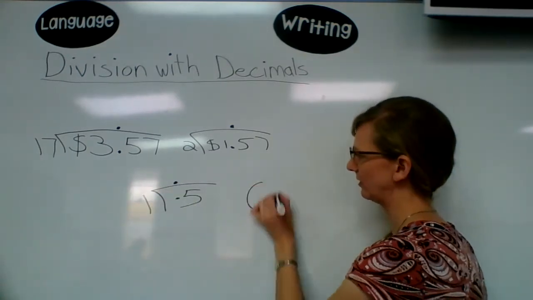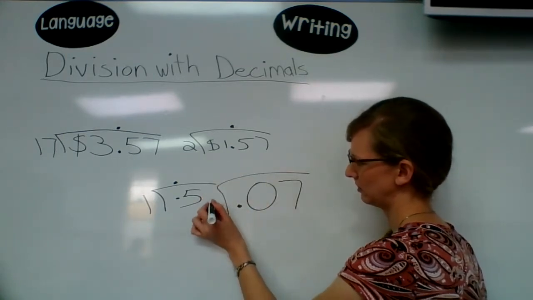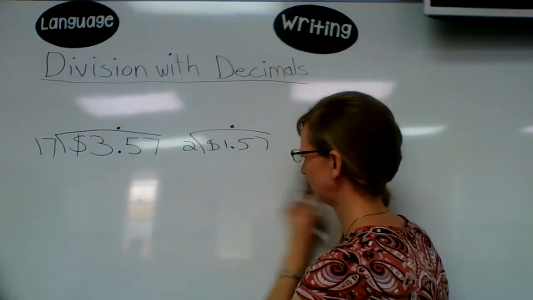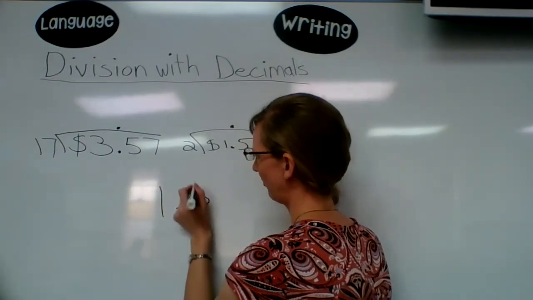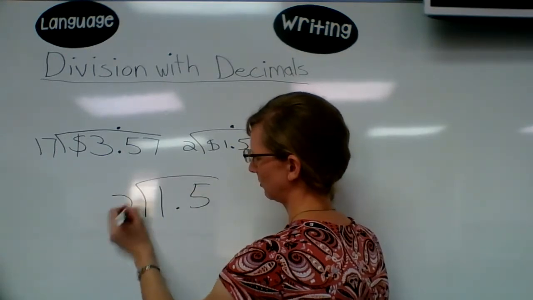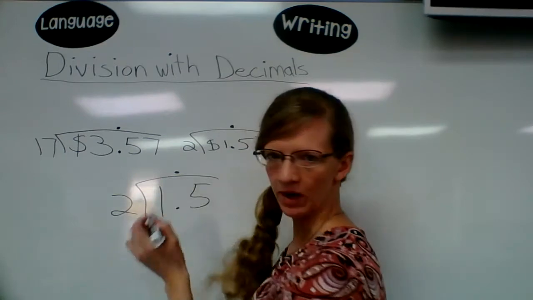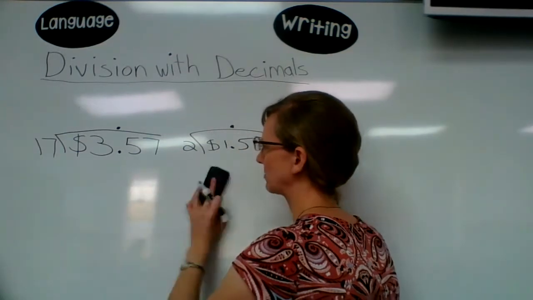If I'm dividing 0.07 by 1, let's do this, 1.5. My first thing is to bring the decimal point right up. Wherever it is, you just move it right up above it. So that's how you do it with decimal points.